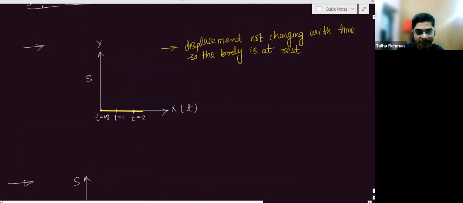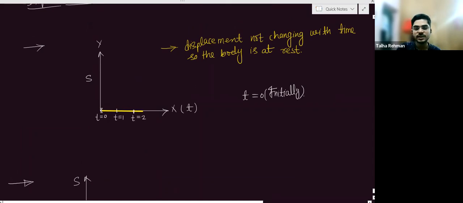So what is happening in this graph? Whenever t is equal to 0, you will say initially. So at t is equal to 0, the displacement is 0, and with time the displacement is not changing.